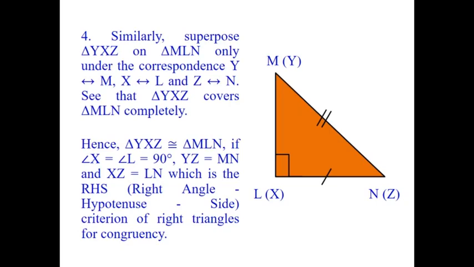Hence, triangle YXZ is congruent to triangle MLN if angle X is equal to angle L is equal to 90 degrees, YZ is equal to MN and XZ is equal to LN, which is the RHS, right angle hypotenuse side criterion of right triangles for congruency.